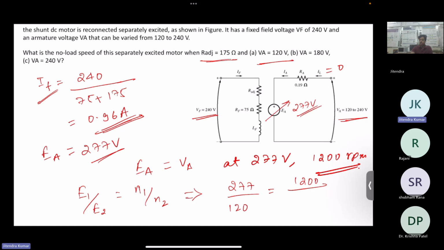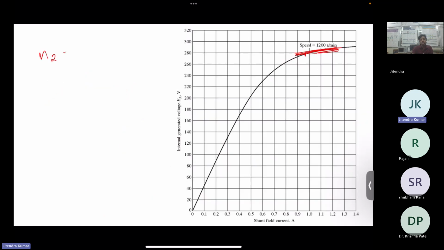Now corresponding to 120 volt, we have to calculate N2, which will be equal to 120 divided by 277 into 1200. So that will be the speed corresponding to 120 volt, 519.85. So that much will be the RPM.